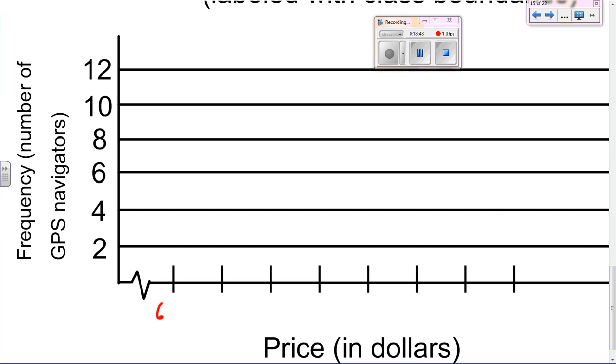And so this is 64.5 up to 104.5, then 144.5, 184.5, 224.5, 264.5, 304.5, and lastly 344.5.